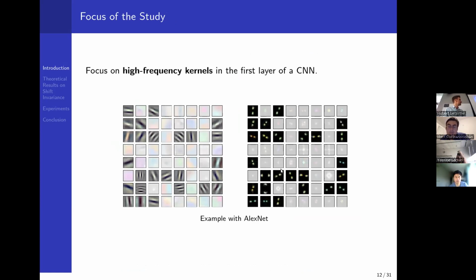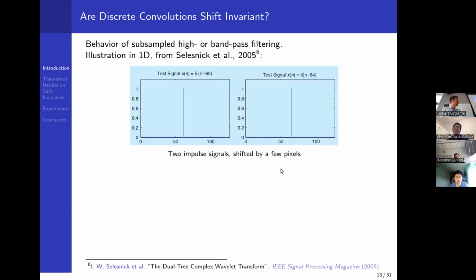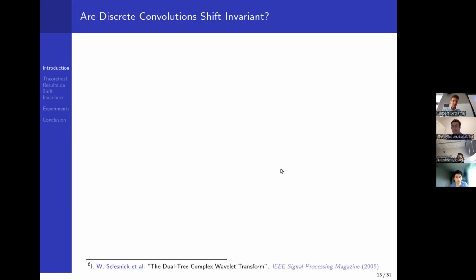The filters that may be problematic are actually bandpass filters, such as those ones. Why may those filters be problematic? It turns out that subsampled convolution with bandpass filters may lead to instabilities.